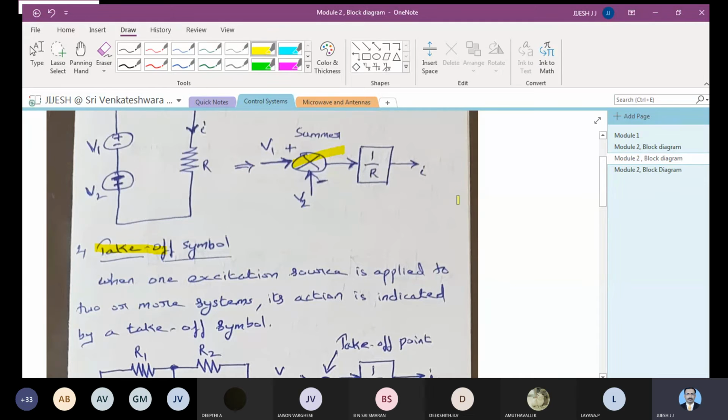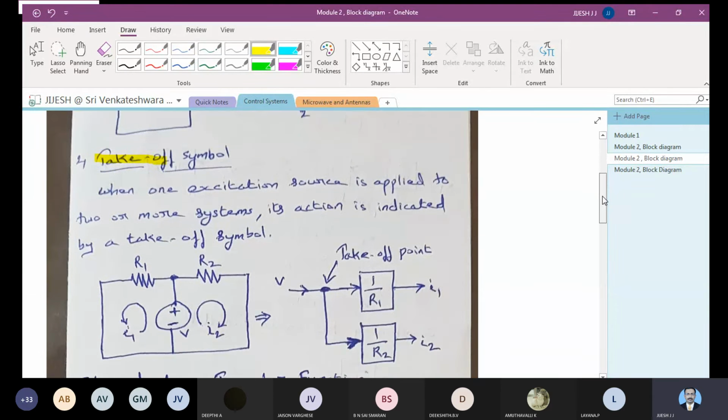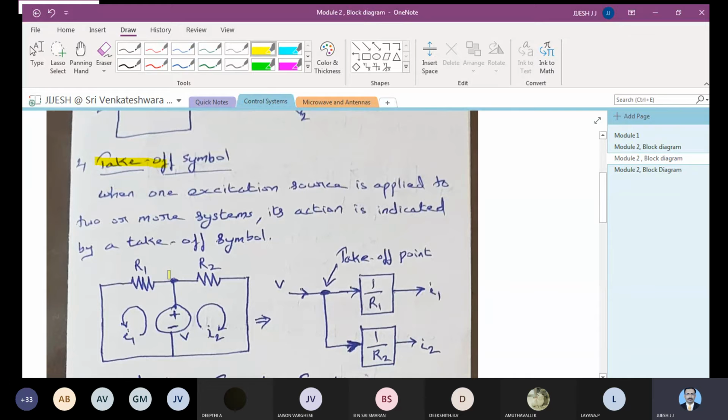This is the point, and you can see one voltage source being connected, and it has two things connected to it. One is R1 here and another is R2 here. So you can see the equivalent point here. This is the point where I have highlighted it. That point is called the takeoff point. So this is the point where it is really going to split. Okay.